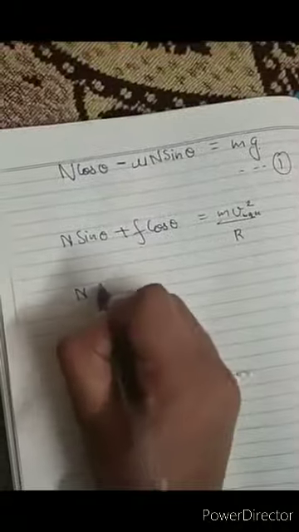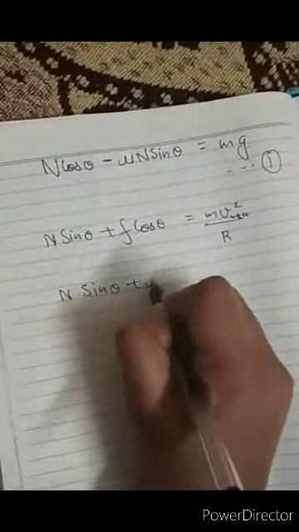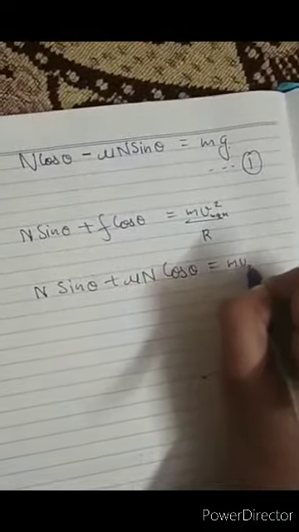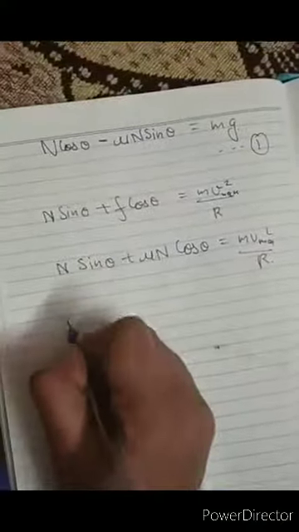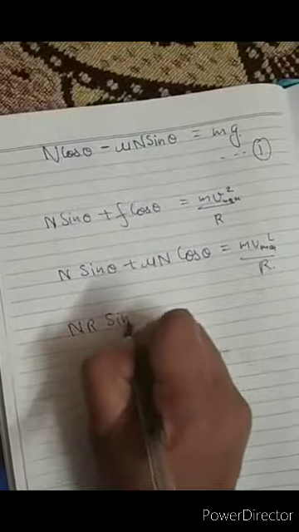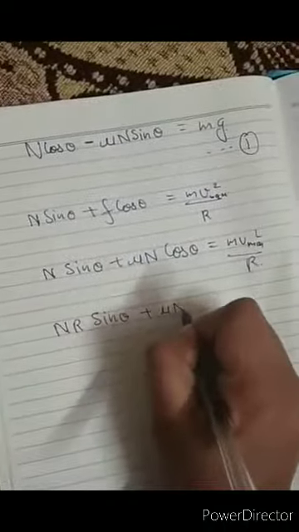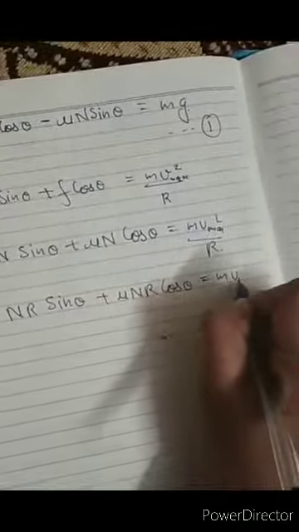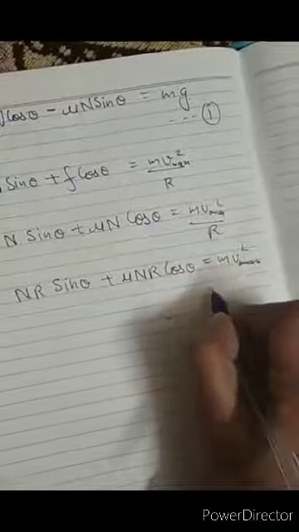If you want, write maximum velocity here. Now f can be replaced for the same reason as above, so n sin theta plus mu n cos theta is equal to m v max square by r. Multiplying by r, we get n r sin theta plus mu n r cos theta is equal to m v max square, and this is my second equation.